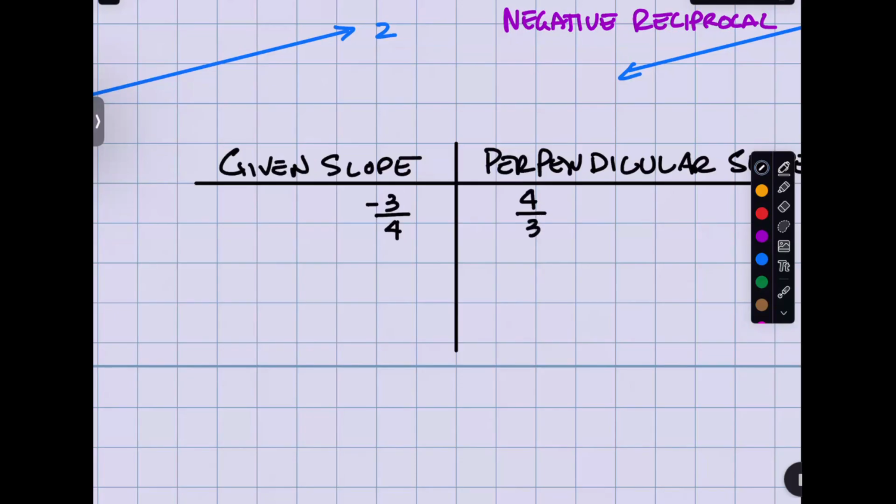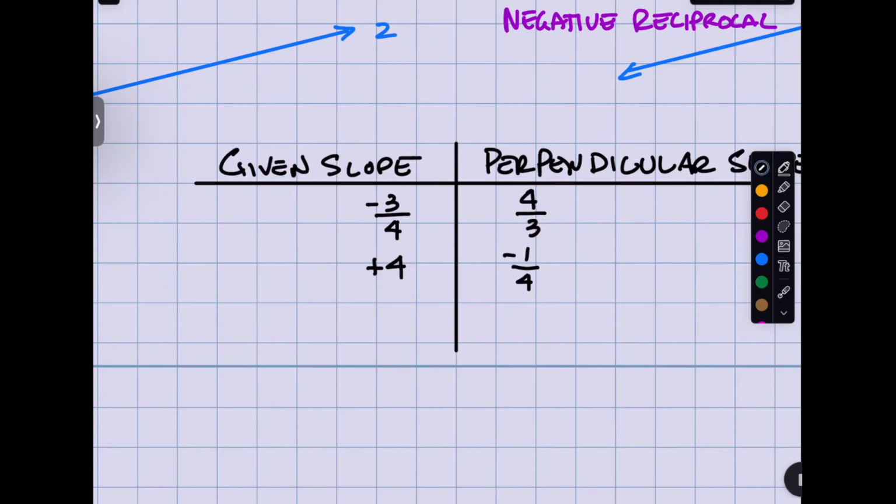Because I flip and negate. How about positive 4? Not negative 4. Negative 1/4. Because what's a fraction of 4? 4/1, right?